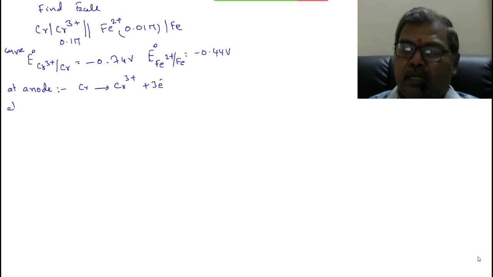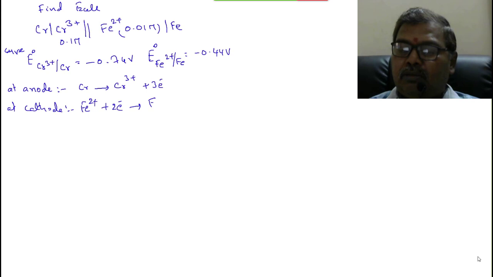Now the reaction at the cathode, the reduction reaction. Fe2 plus ions are there in the solution. Fe2 plus plus 2 electrons gives rise to Fe. So this is the reaction at the cathode.